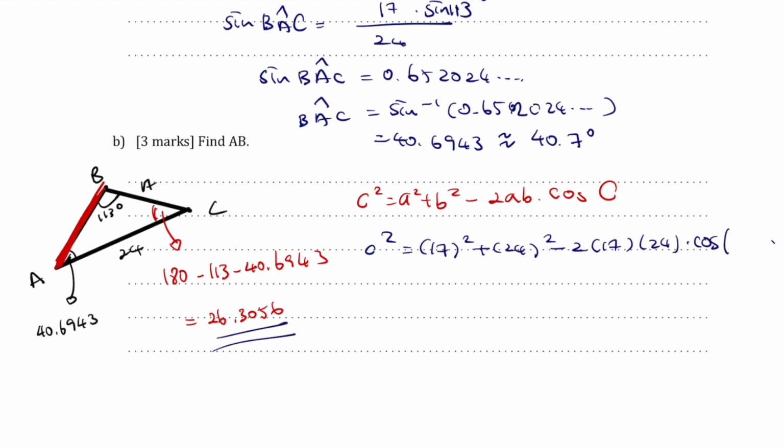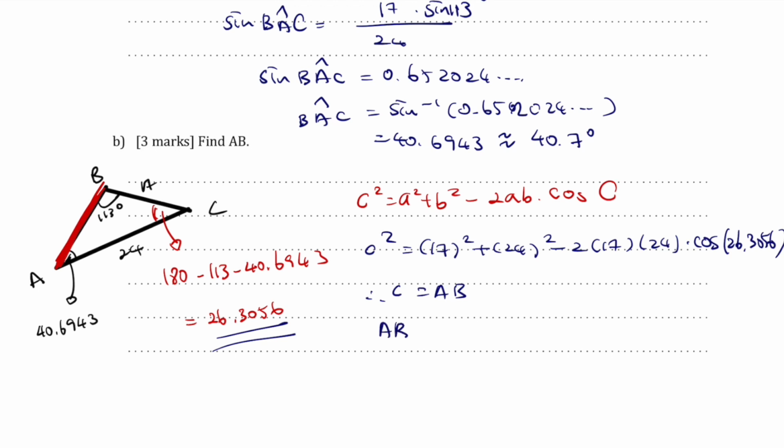Make sure you use all the digits, right? So it's 26.3056. So the C value is equal to AB, so we can replace the C with the AB, right?